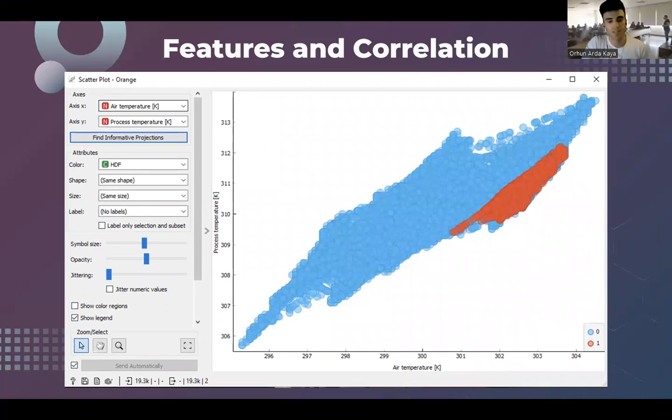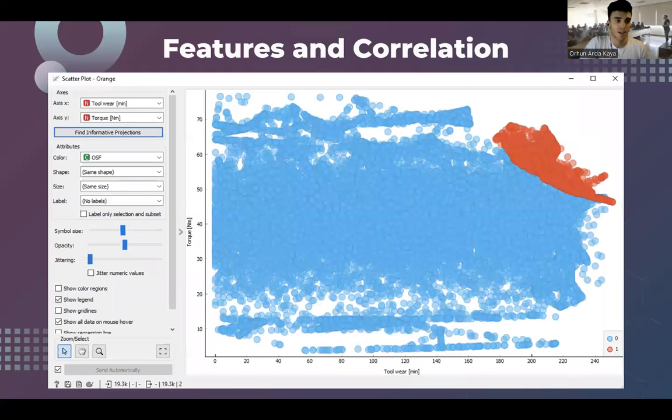Here you can see the scatter plot for heat dissipation failure with air temperature and process temperature. Red dots are HDF, and even though there are no failure dots between failure dots, you can still see they are mostly gathered in a specific area. Next slide, please. And this is for the overstrain failure relationship.